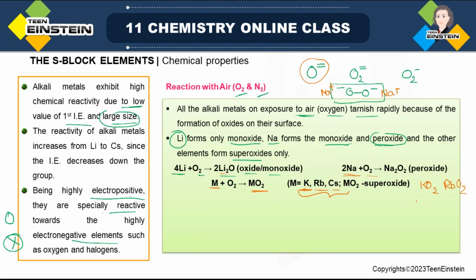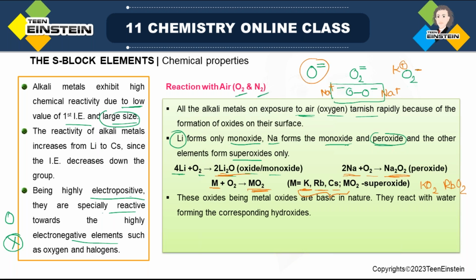So why is the formula like this? It is because there is a single negative charge, so you just need one K plus to balance this negative charge. So look at these formulas. In terms of M, it is M2O, this is M2O2, and this is MO2. So from the formula itself, you can understand whether it is superoxide, peroxide, or monoxide.